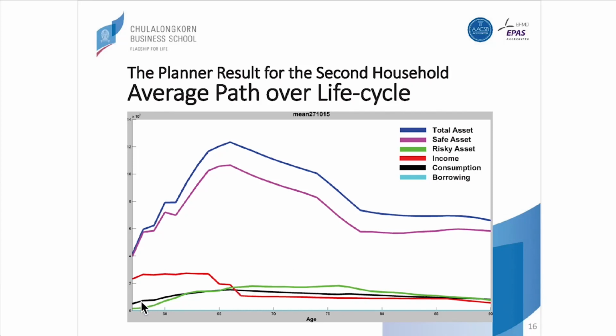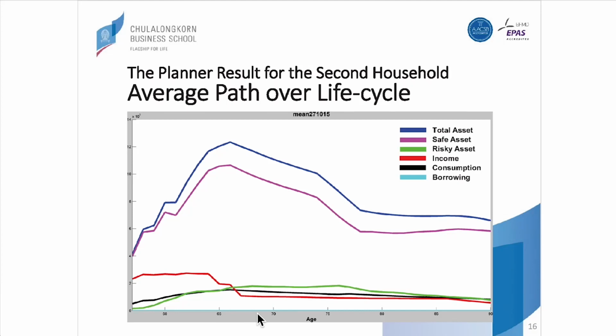So here we told the household to cut its consumption expenditure a lot and much lower than its current income in order to build up the assets. So here's the total level of assets. And then when income drops to little or nothing, they eat off the assets. So this is just saving for retirement. Most of it's in safe assets, not so much in risky, and there's no borrowing.